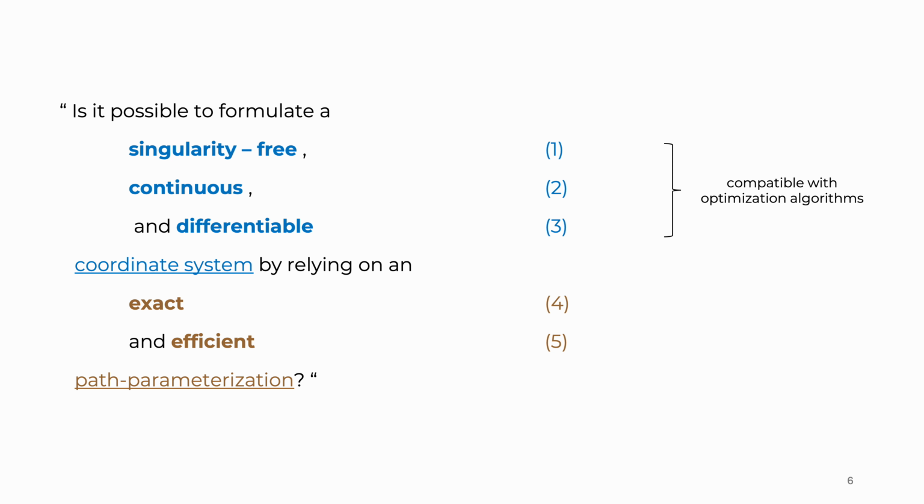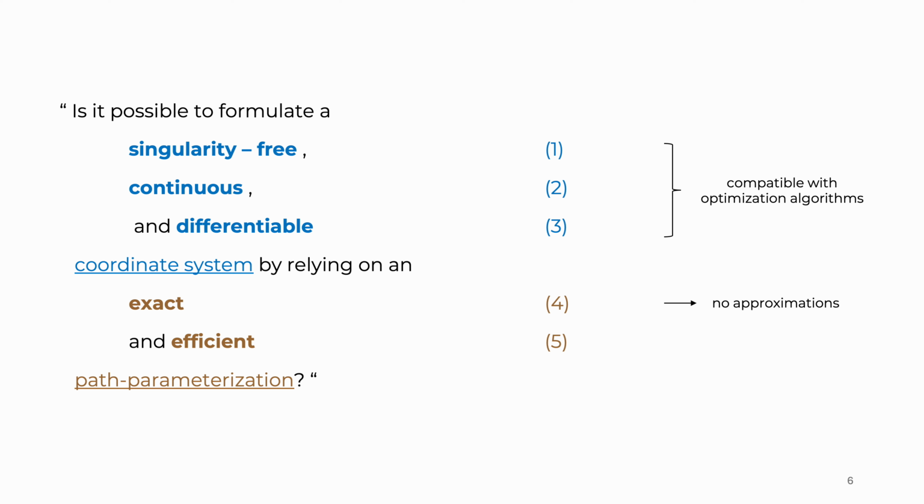First, we want our coordinate system to be singularity-free, continuous, and differentiable. This is because we want to use our coordinate system in optimization-based or machine learning-based algorithms, and these kinds of algorithms usually require gradient information, so first order and second order derivative information. In order to ensure that this information is retrievable and also well-behaved, we need to fulfill all these three properties.